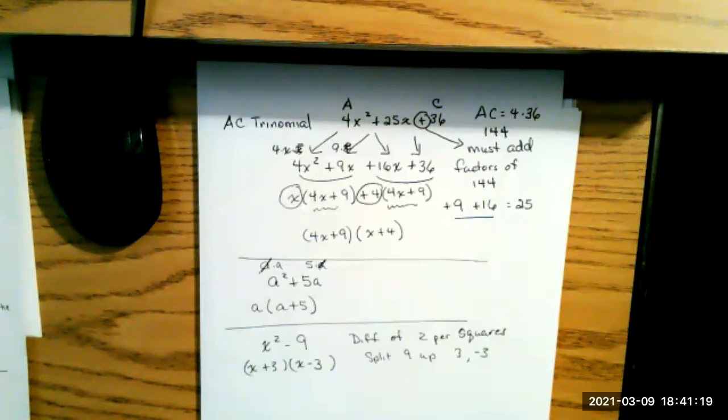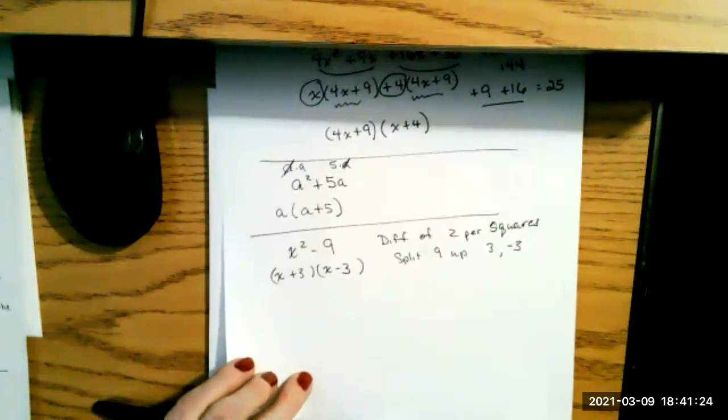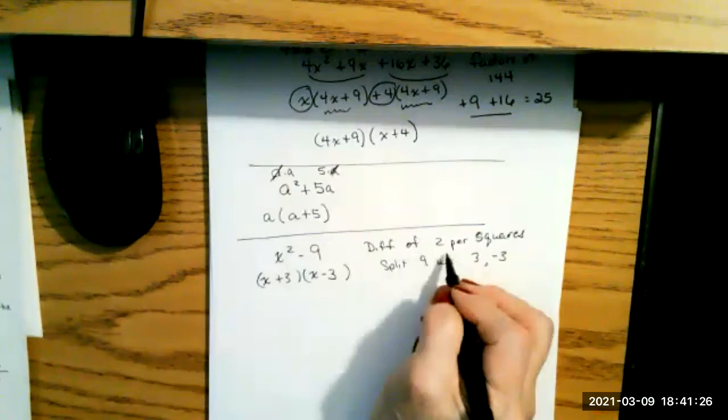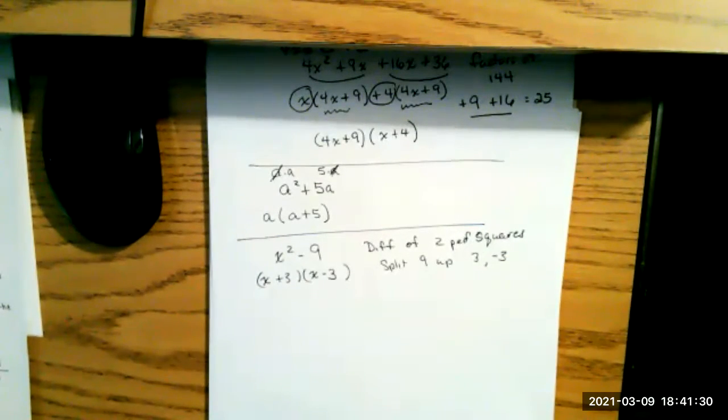It says difference of two perfect squares. I'm sorry, I didn't write it out. It's written out in your notes and that's posted, but I didn't write it out here.